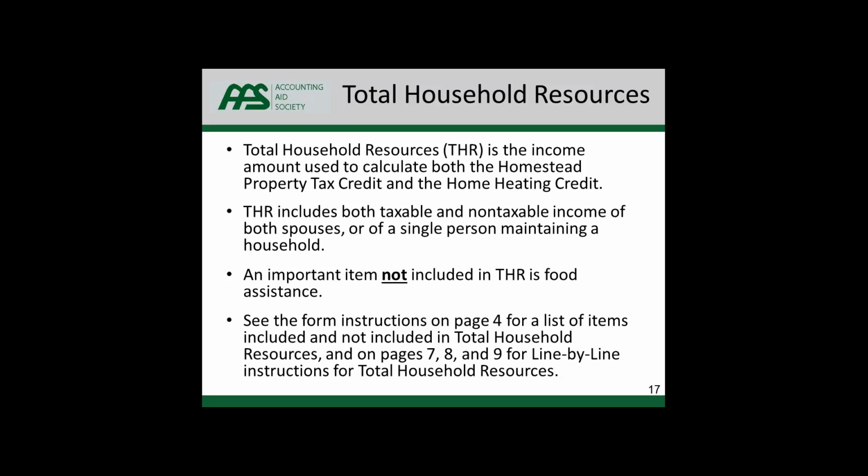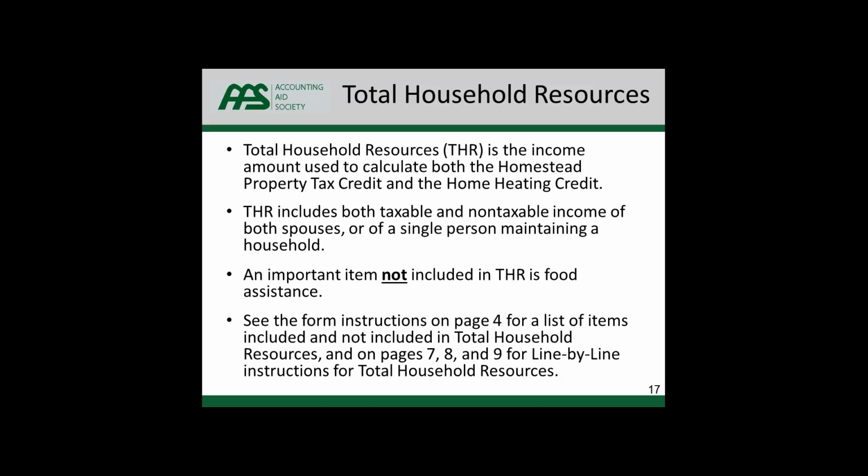If you're filing a federal return, you're going to pick up the taxable items, then you also have to add in any non-taxable income. I think if you think of THR as being pretty much anything you might receive, taxable or non-taxable, as income, you're on the right track.